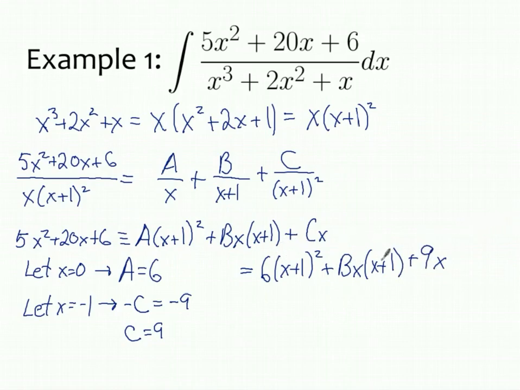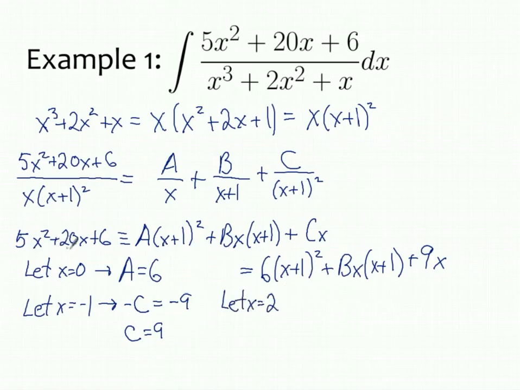To solve for B, I can either multiply all this out and find the B that causes the coefficients to match, or I can pick another value for x and see what B makes that work. So let's just let x equal 2.